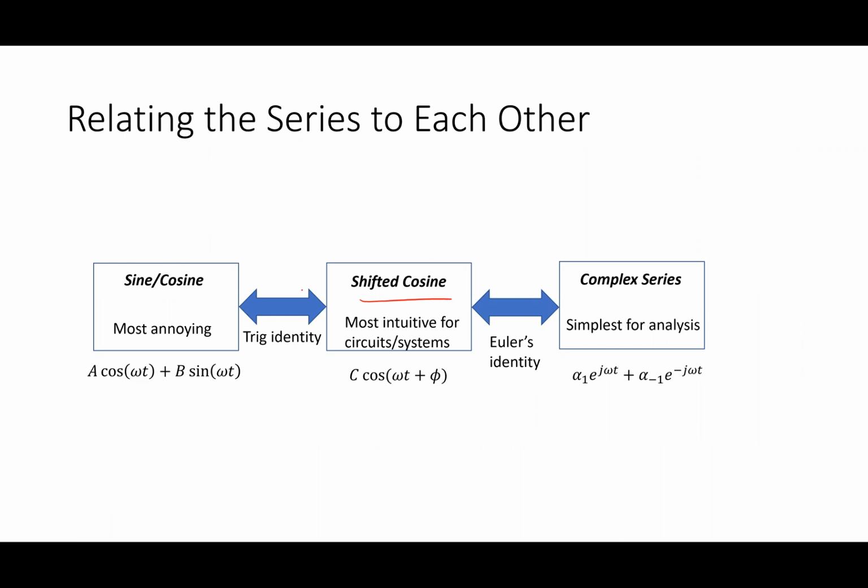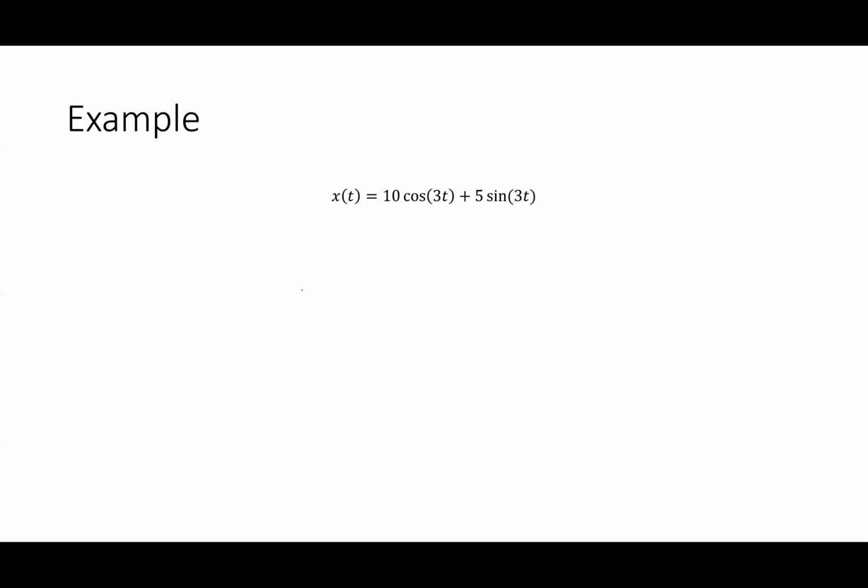All right, so that's going to become important, particularly on Wednesday when we start really trying to get into calculating some of the Fourier series stuff. All right, so let's look at an example. On the homework, problem 7 basically asks you to put something like this into all of those different forms. So the shifted cosine, let me just write it out.